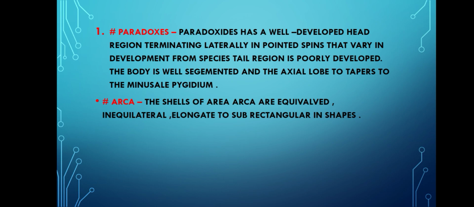Now, paradoxids have a well-developed head region terminating laterally in a pointed spine that varies in development from species to species. The tail region is poorly developed.